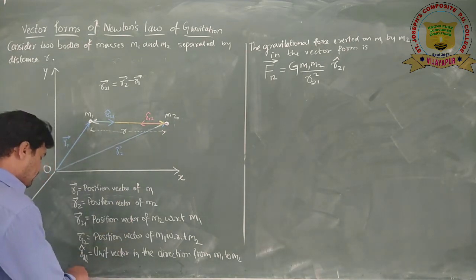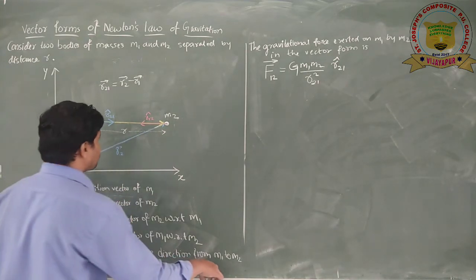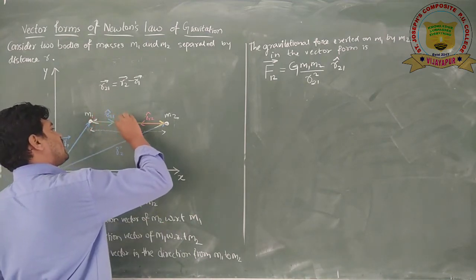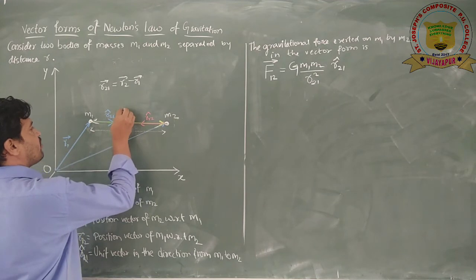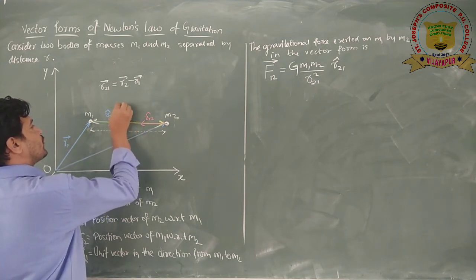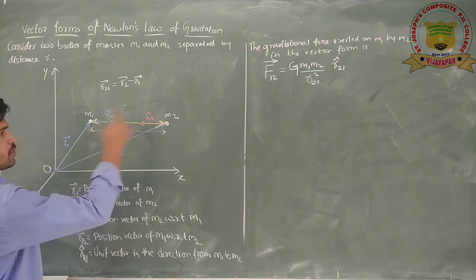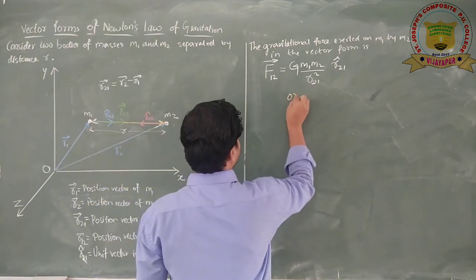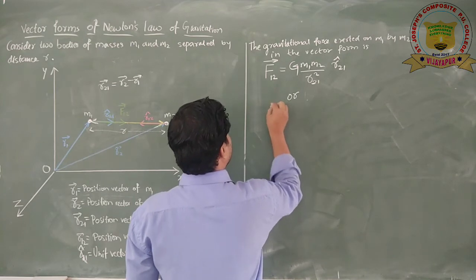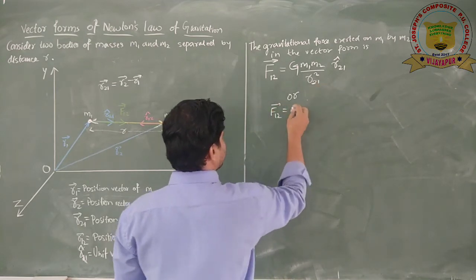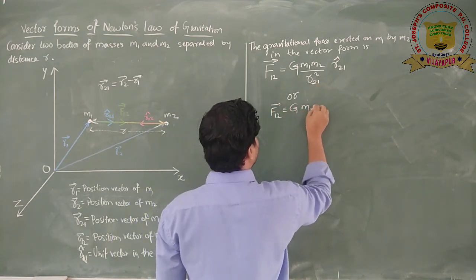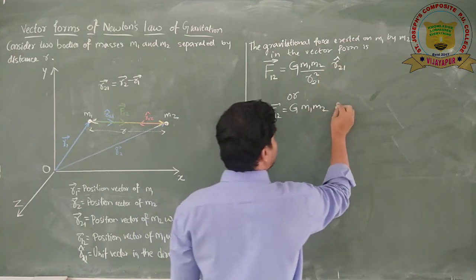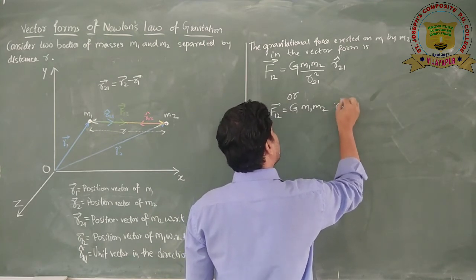So if you want to represent that force here, this is now F12, the force on m1 due to m2. And you can write this equation in another form, that is, in terms of the vector R21. Then F12 is equal to G m1 m2, and this time instead of the unit vector I will write the position vector R21.